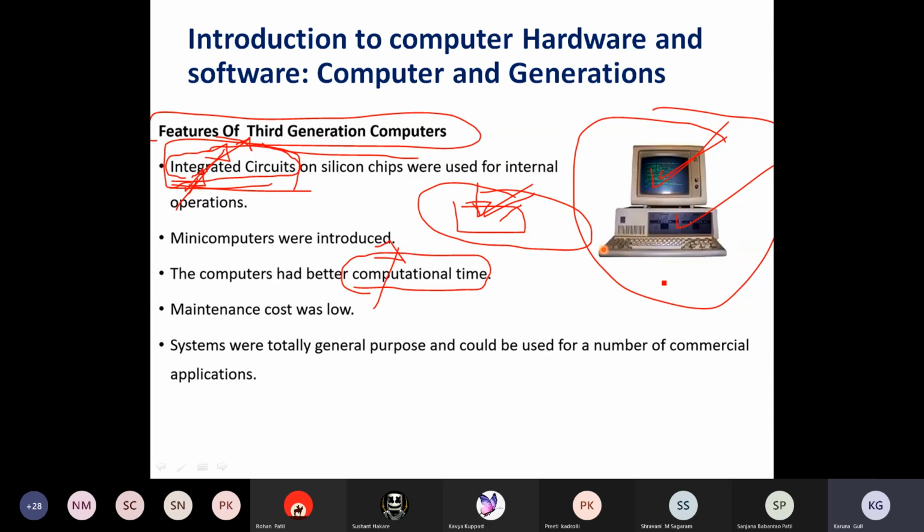The previous two generation computers took a lot of time to give you the results, but that was overcome by the system generated during the third generation. The maintenance cost was low compared to the previous two systems we deployed.